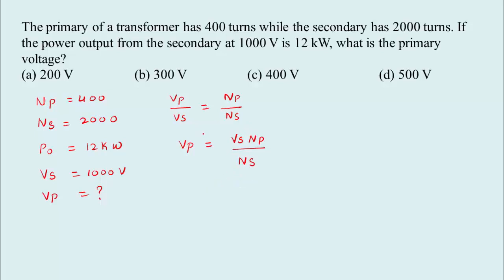So Vs value is 1000 and Np is 400 turns divided by Ns value is 2000 turns. So by calculating this value we will get voltage across primary 200 volt. So 200 volt, that is option A is right.